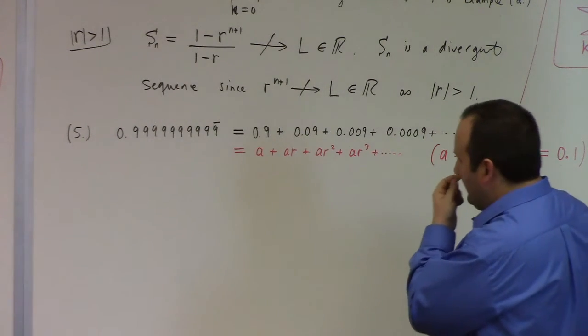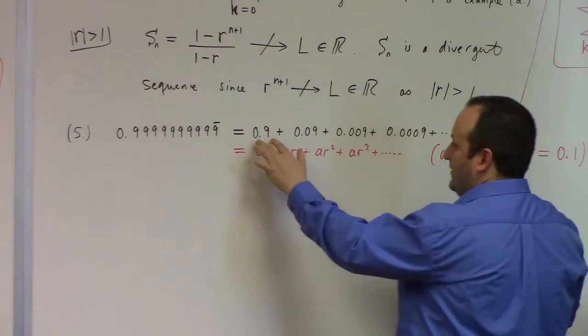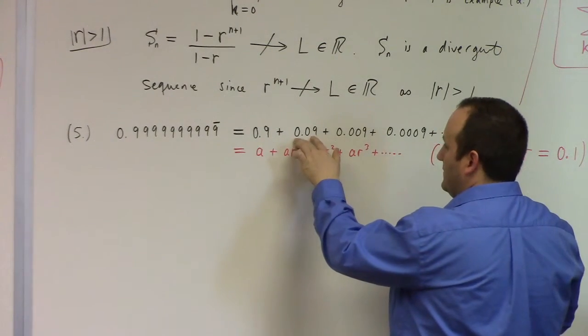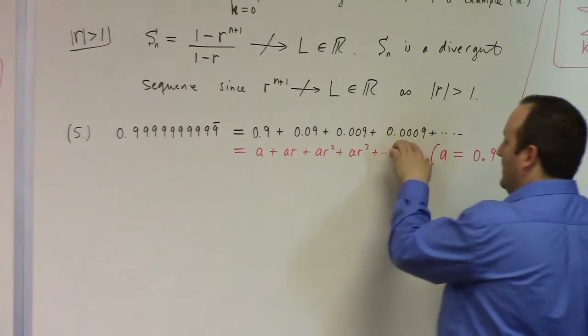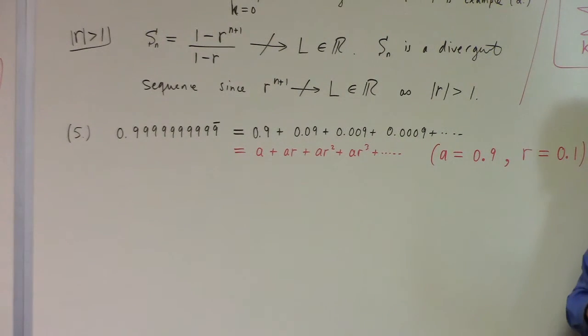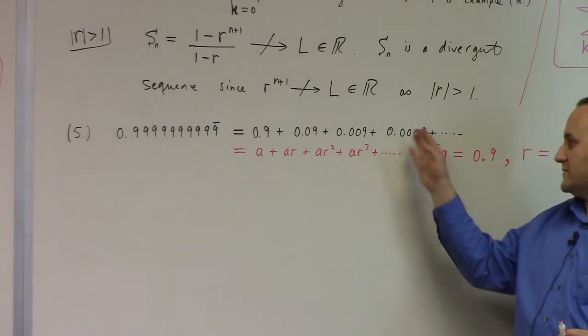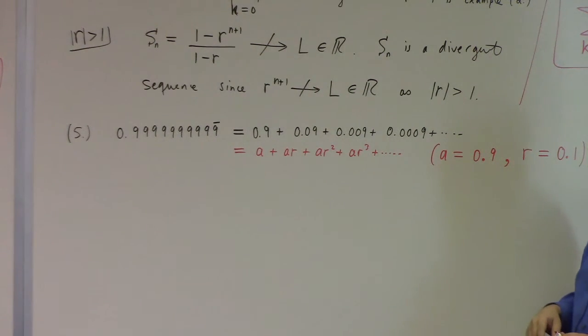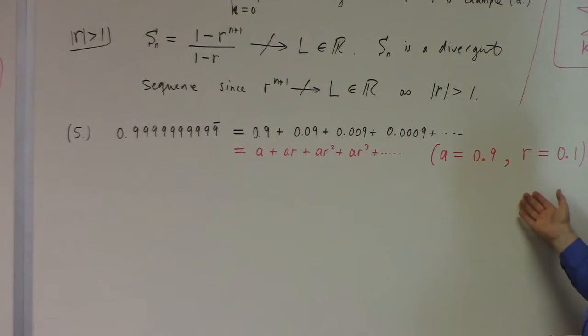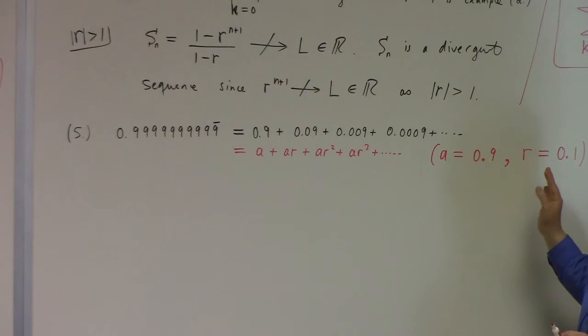Yeah, I think that's right. So I multiply by 0.1 to get from here to here, to get from here to here. If it's geometric, then to go from one partial sum to the next, you have to be able to multiply the last thing you added by r and get to the next one. Sorry, I'm being a little bit imprecise in my language there, but I'll try to be more precise later.